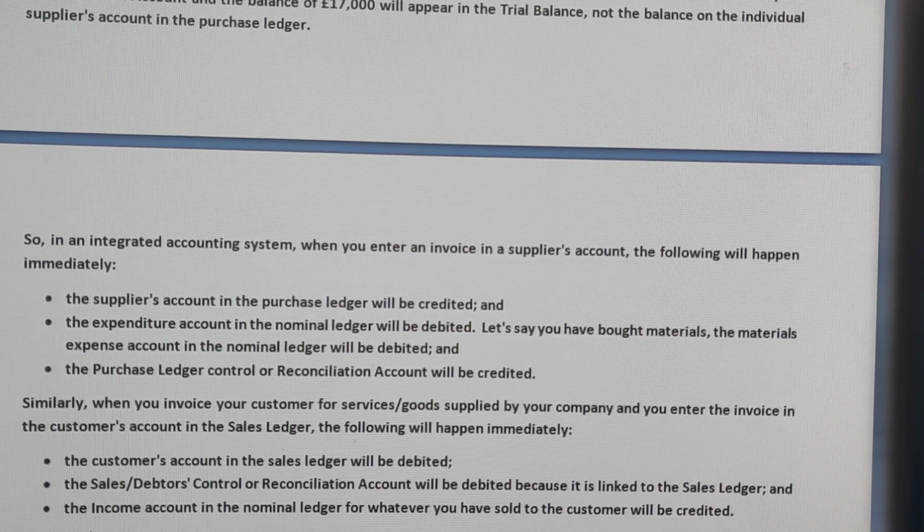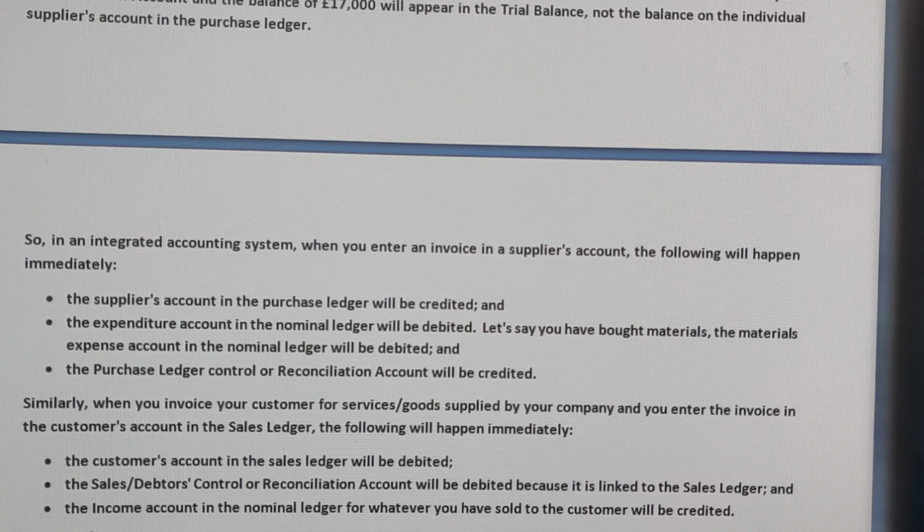So just to recap, when you post your supplier's invoice, the supplier's account in the purchase ledger will be credited. The purchase ledger control account will be credited. The expense account for whatever you have bought will be debited.